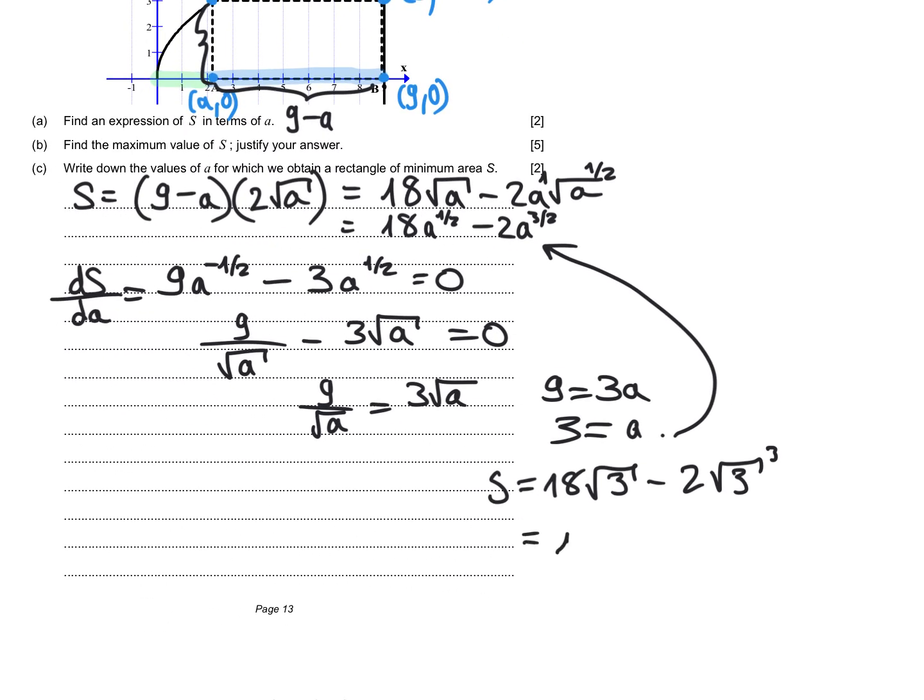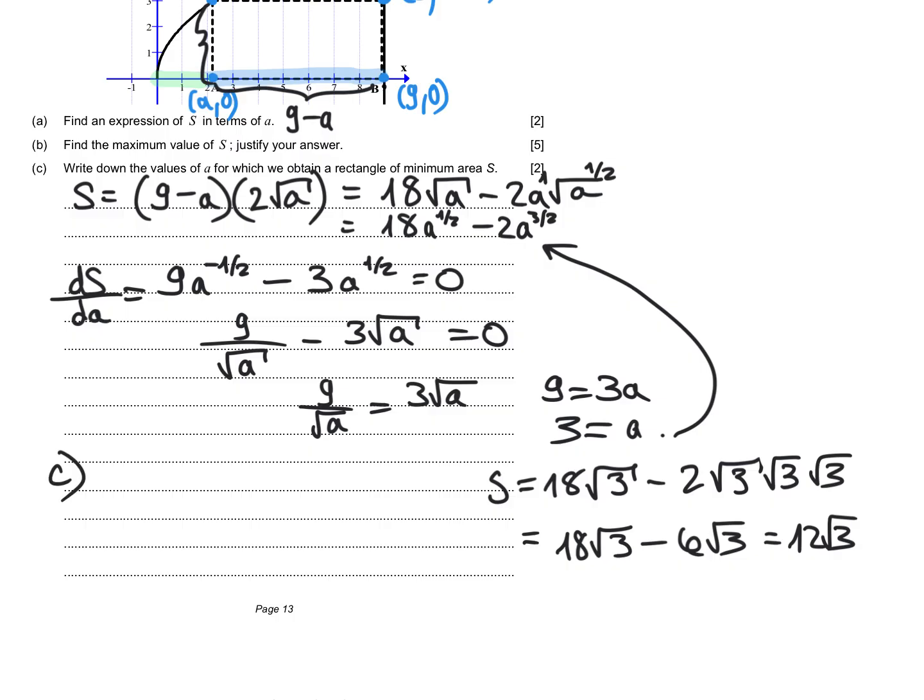All right, so that's 18 root 3, and root 3 cubed is going to be 3 root 3. So you're going to have minus 2 times 3, which is 6 root 3, so 12 root 3 is the maximum value of S.